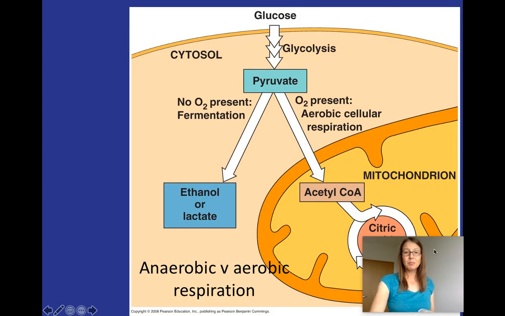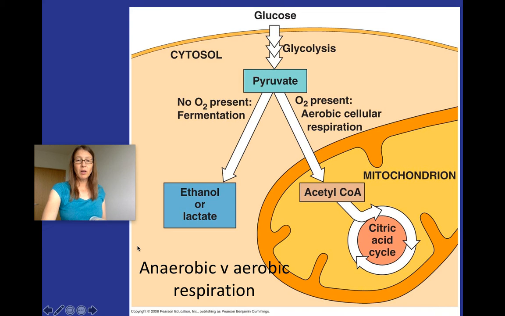Okay, so just showing you, there's two main types of respiration. There's anaerobic and aerobic. So aerobic means that oxygen is going to be involved, and anaerobic means it's in conditions where oxygen won't be involved. All eukaryotes can do both. Okay, we can do anaerobic and aerobic respiration, because look, we've got the mitochondria. This is where aerobic cellular respiration happens.